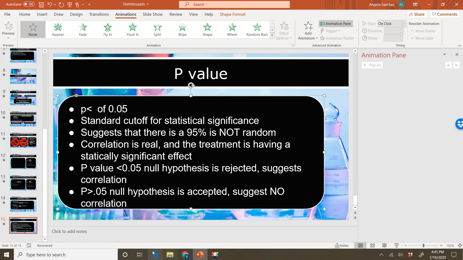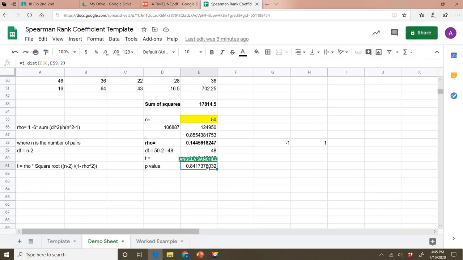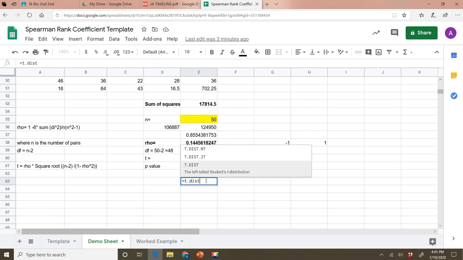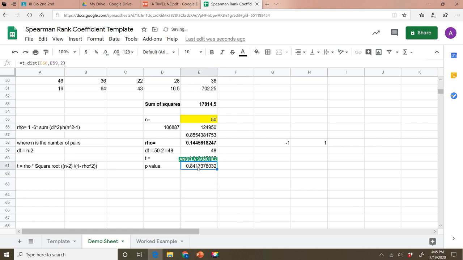So once we have all of our other calculations, we can then push through to get our actual p-value, which you calculate using a t-statistic. So how you get it is you put equal t-distribution, and we won't go through the whole what this means because I think that's kind of too much.